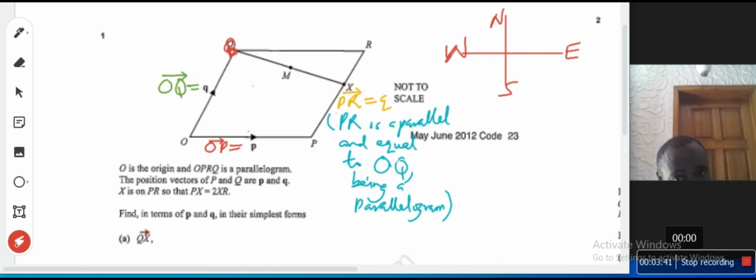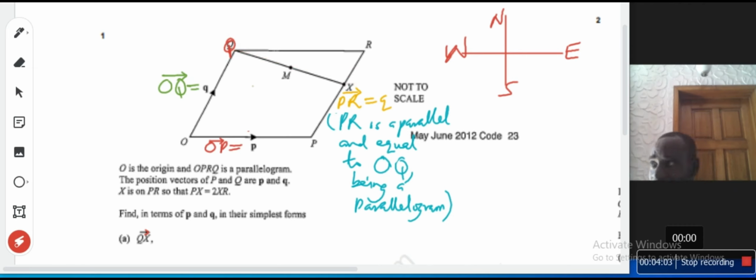You can only get to X if you are coming from Q, and you can only get there if you follow which road? Let's walk. I want to move from Q to get to X. Which roads will I follow? Let's start from Q. The letters are there. From Q to where? First of all, X? I can't move from Q to X because there's no road there. O. Good.